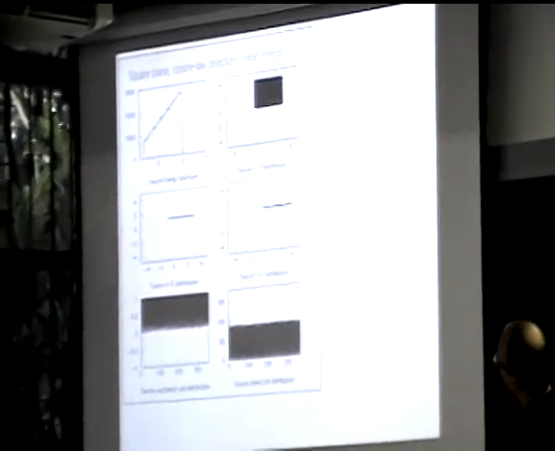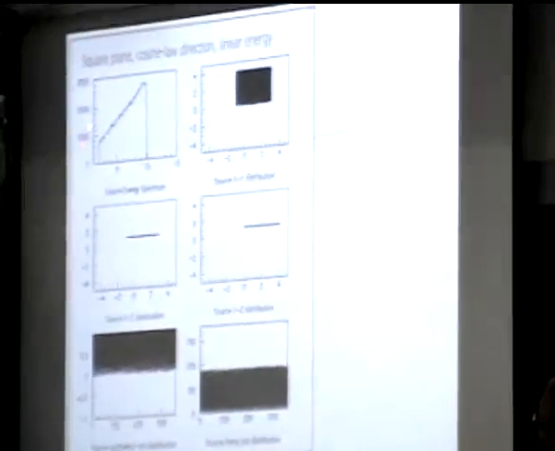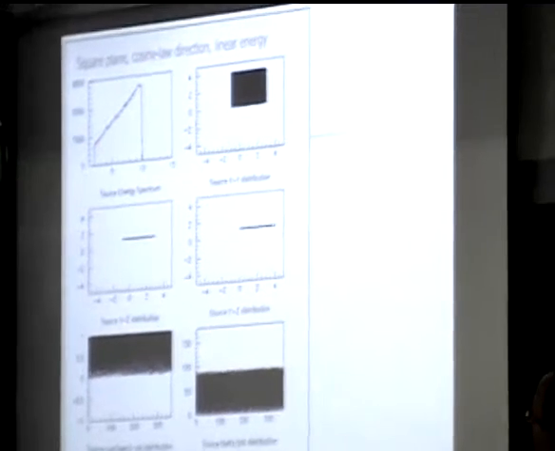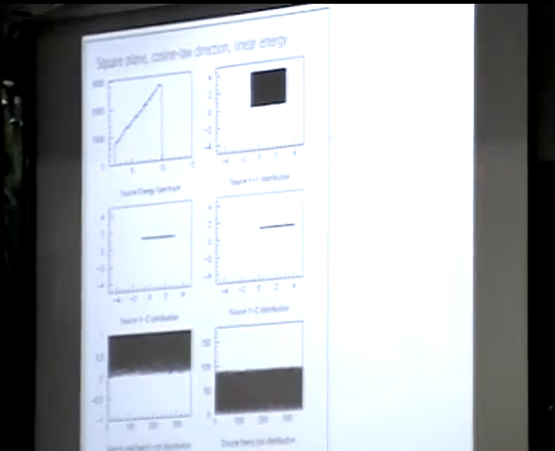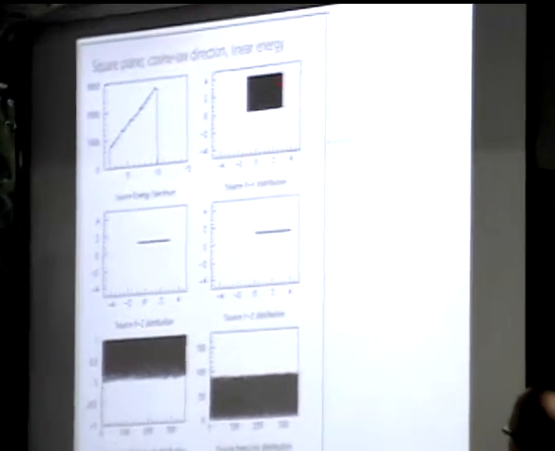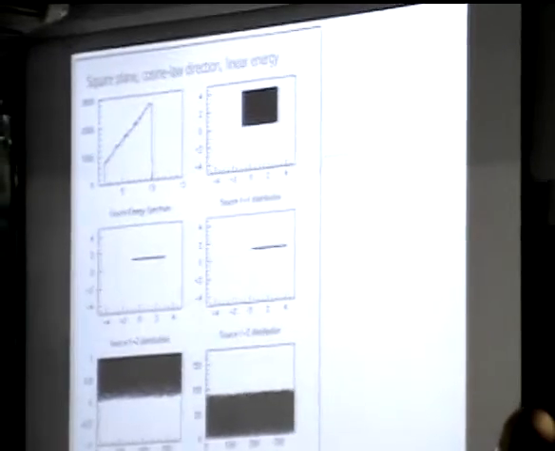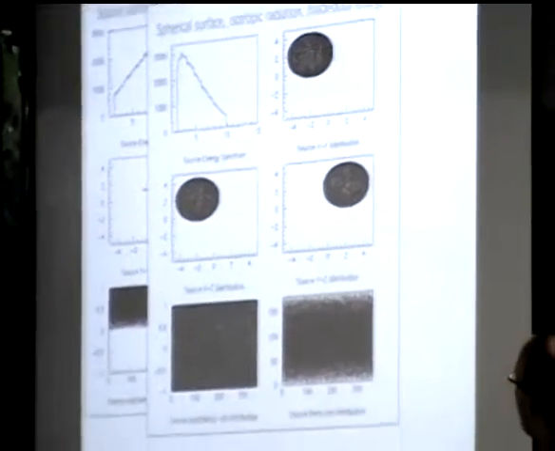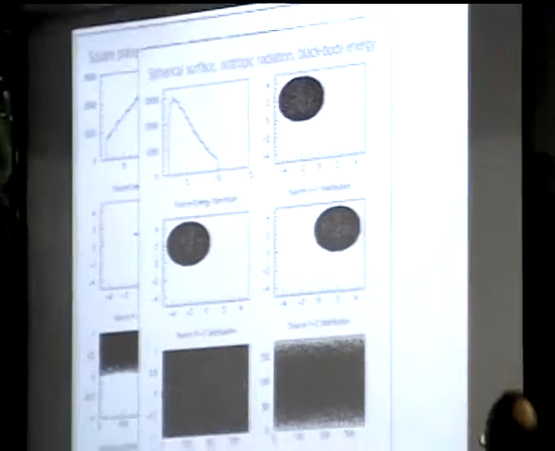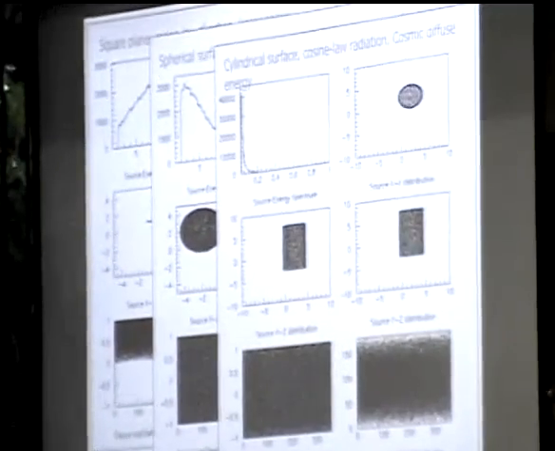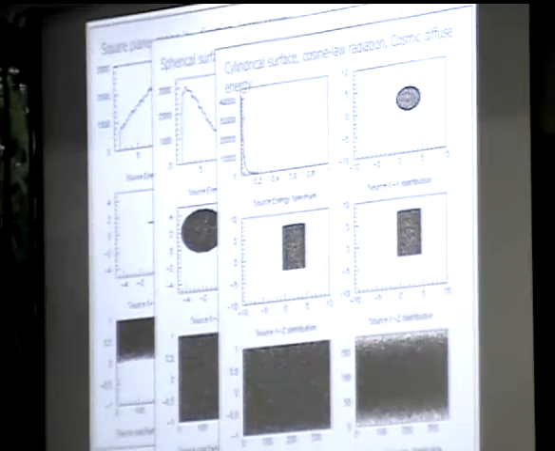Without any kind of coding, you can change the energy spectrum, like a linear source or a black body source, or distribute the source over a square, over a plane. You can do quite a lot of different things just by using the command line.